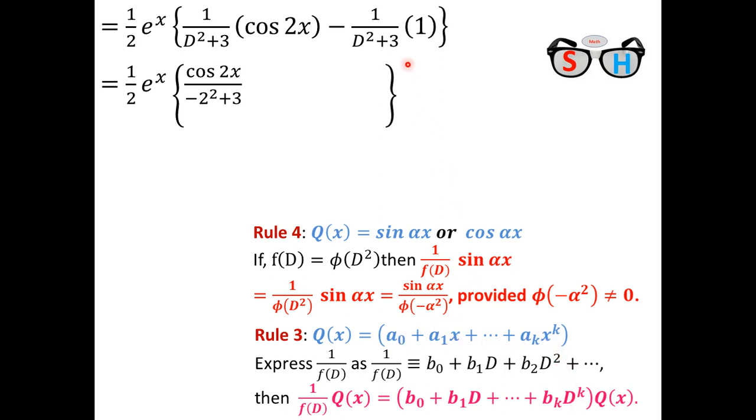But here the polynomial is a 0 degree term, therefore you have to take just the constant term. Okay, you see that if this is a polynomial of degree k, then you have to take up to d to the power k. But here it is 1, that is q(x) is just a0, therefore you have to take up to b0. Okay, clear? However, you have to express it as an infinite series.